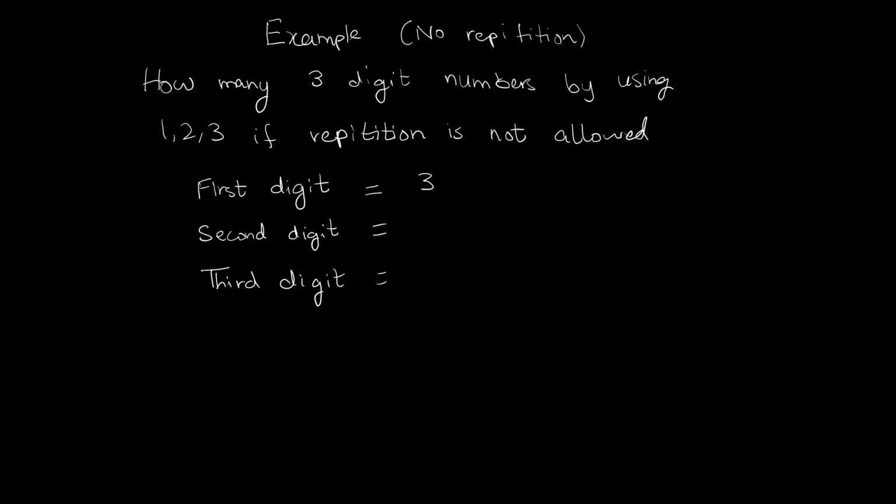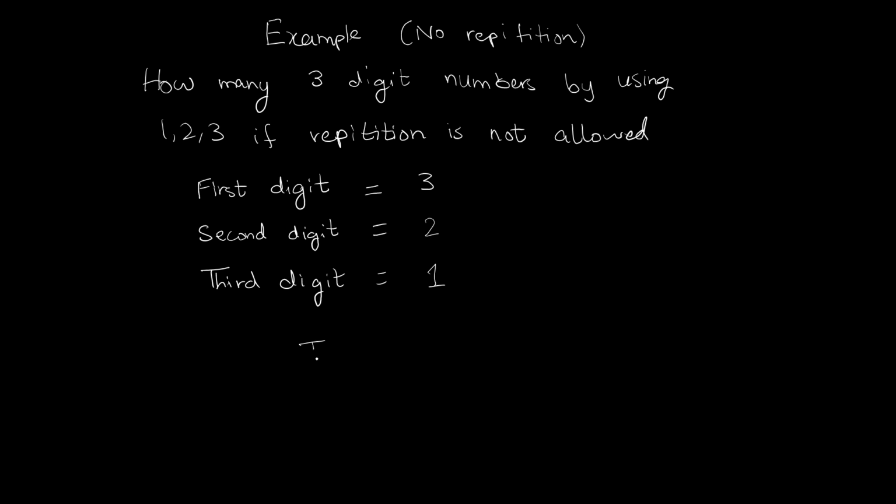But since the repetition is not allowed, whatever number from 1, 2, and 3 is used in the first digit cannot be applied for the next two digits. Therefore, the number of choices would be reduced to 2. The same concept applies, and the number of digits reduced by one more for the third digit.